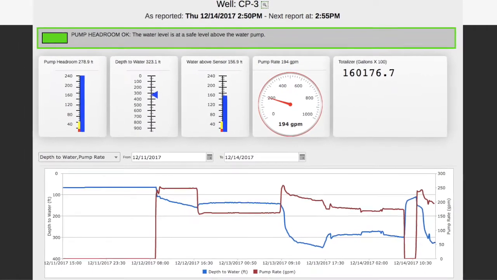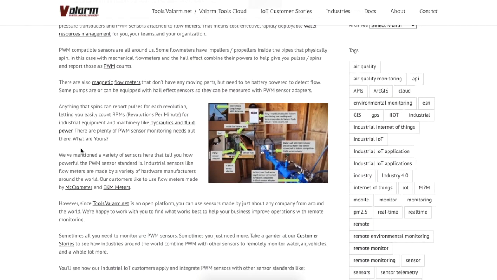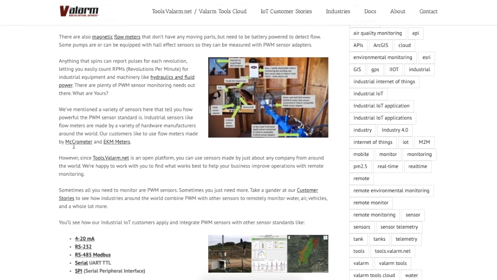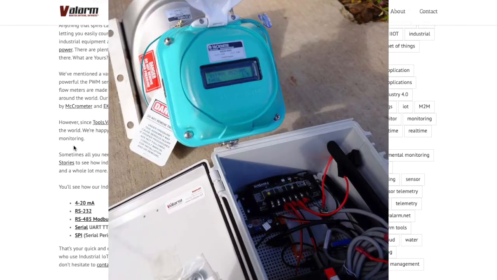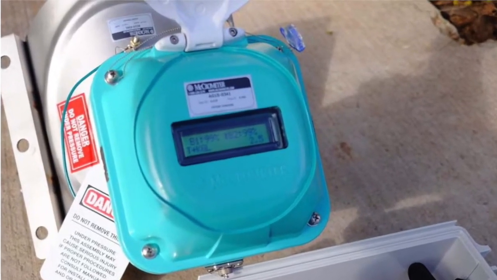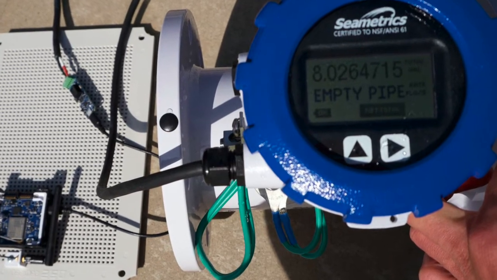In this case, with the mechanical flow meters, the Hall effect combine their powers to give you number of pulses and spins and report those as PWM counts on tools.valarm.net. There are also magnetic flow meters that don't have any moving parts but need to be battery powered to detect flow.